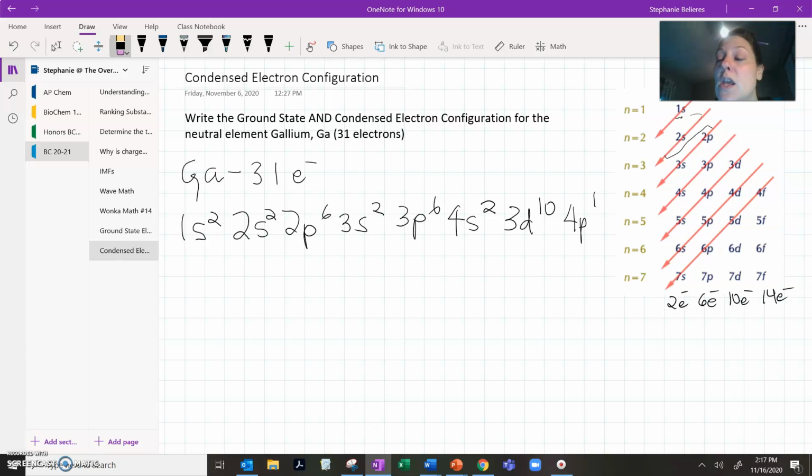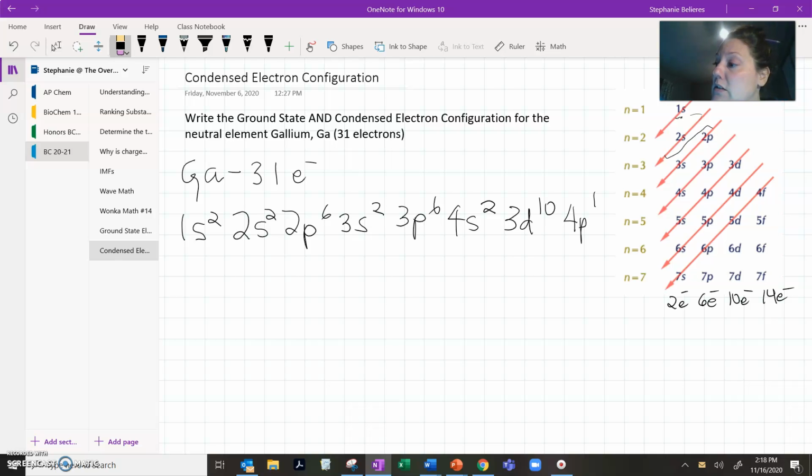Now, how do I use this to write the condensed electron configuration? I have the element gallium. When I write the condensed electron configuration, I represent what we call the core electrons, the innermost electrons, by writing the symbol of the noble gas that has fewer electrons than gallium and is the closest to gallium.